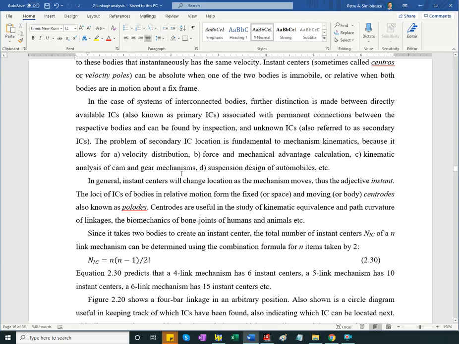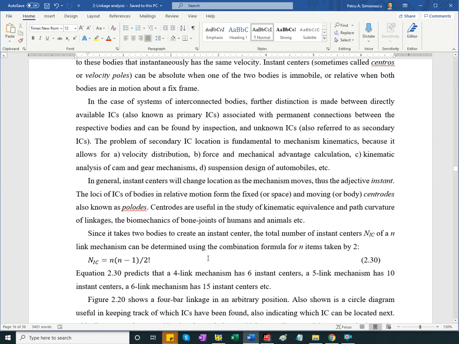Concepts are a bit abstract to some students, but they are useful in velocity distribution analysis and force and mechanical advantage calculations. Cam follower and gear mechanism theory relies on instant centers. It will be the fundamental theorem of gearing, and then in the design of suspensions of automobiles.